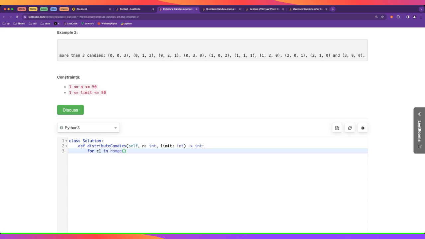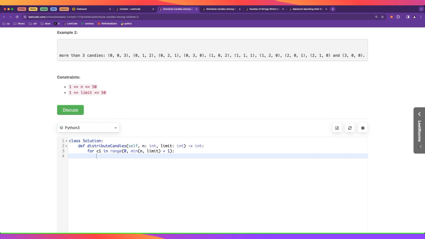It can have between 0 and the minimum between n, since he or she can't have more than n because that's how many there are, and limit. And since we want this to be inclusive in Python, we add 1.